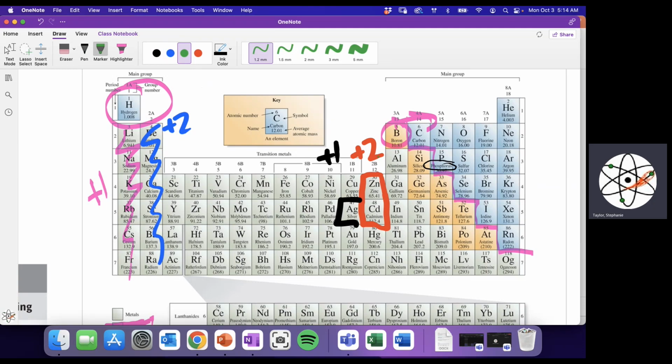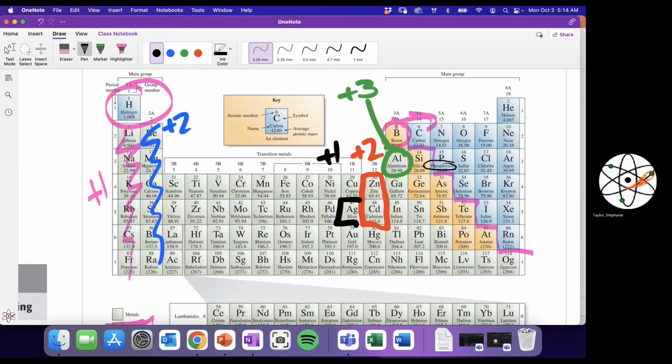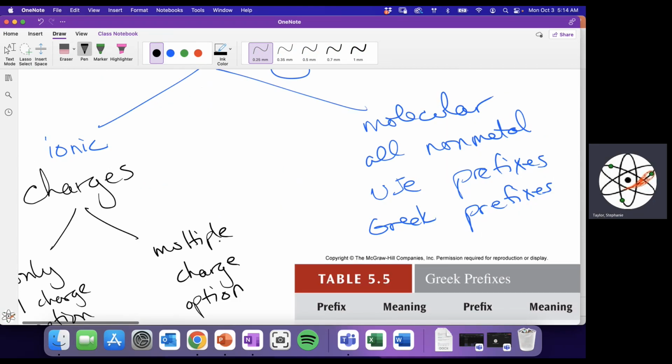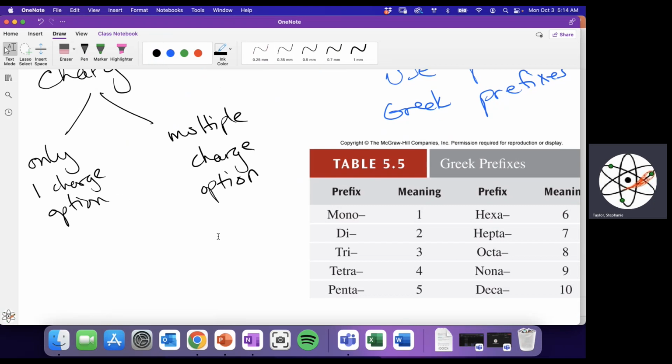And aluminum, which is +3. So 2 columns, 4 additional elements that if you look at them, they actually do have an order to them. So they actually do go 1, 2, 3 on the periodic table. So they're not too bad, but those 4 elements are ones you're responsible for. So we're going to talk about the only one charge option first.